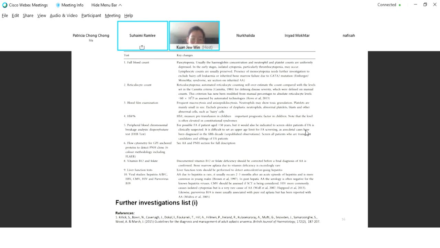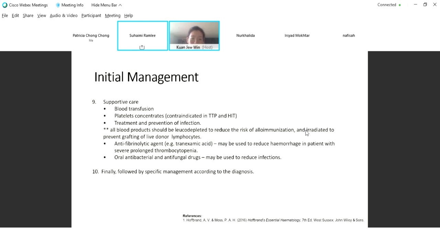So Jaime, let's go back. You only want to give oral antibacterial and antifungal. How about IV? Maybe initially, if they suspect septic shock or infection. Usually, if you suspect infection and you are going to admit the patient, you will not start oral, you will start IV.